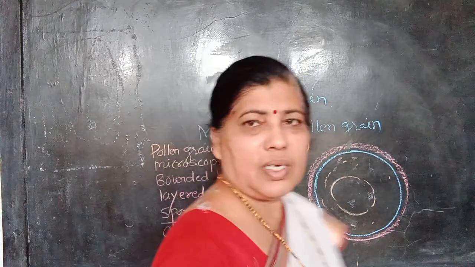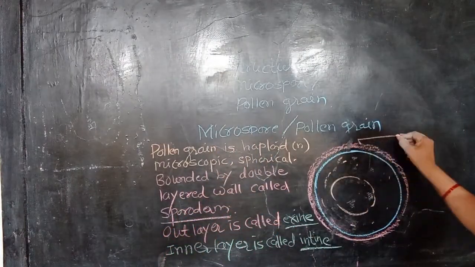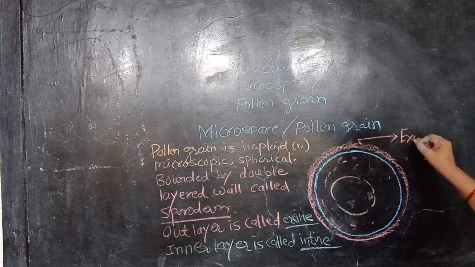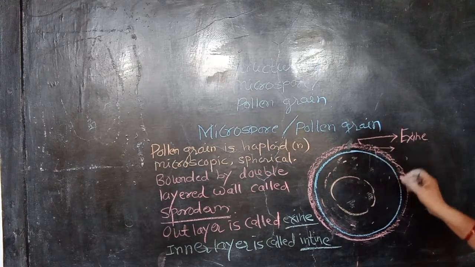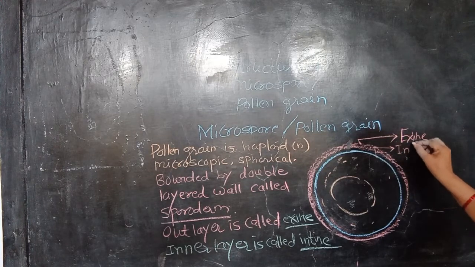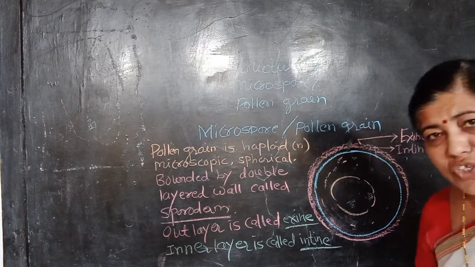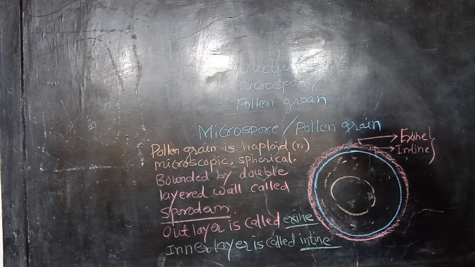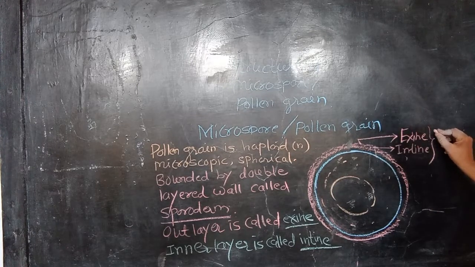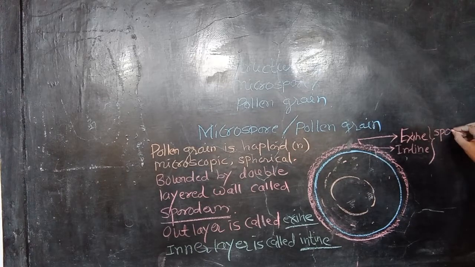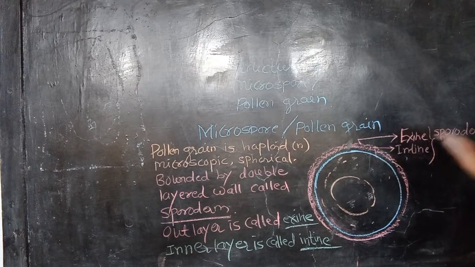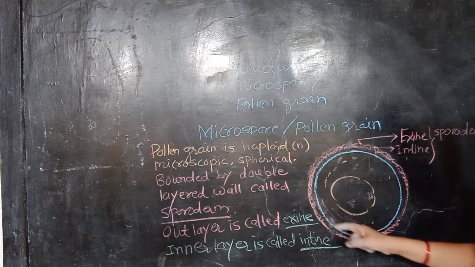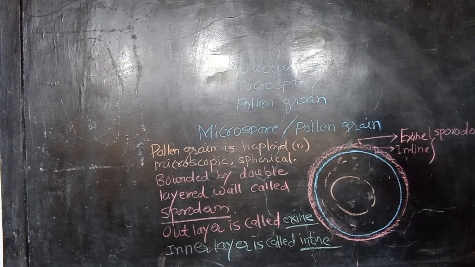This is outer wall, called exine, and this is inner wall, called intine. And these two layers collectively are called as sporoderm. So the wall of pollen grain is called sporoderm, which is made up of two layers. Outer layer is exine and inner layer is intine.